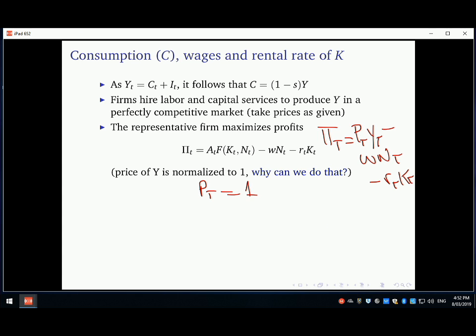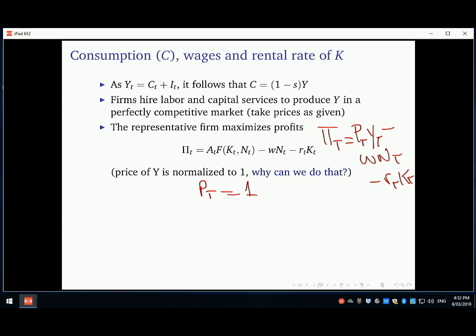We have the price of labor, the wage, the price of capital, the rental rate, and the price of the output. Given that to make our economic decisions we just need to know relative prices, we can just normalize that. You could normalize the wage rate to be 1, or you could normalize the price of output to be 1. And that's what we're doing now.